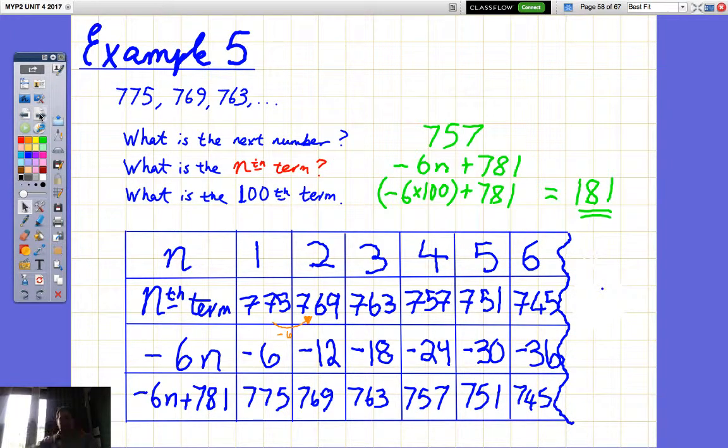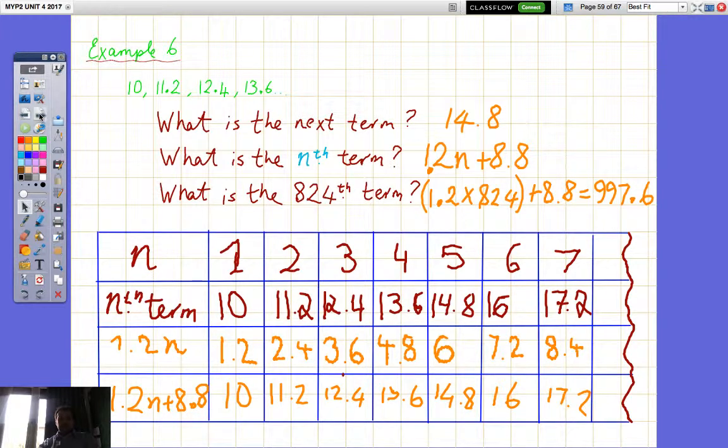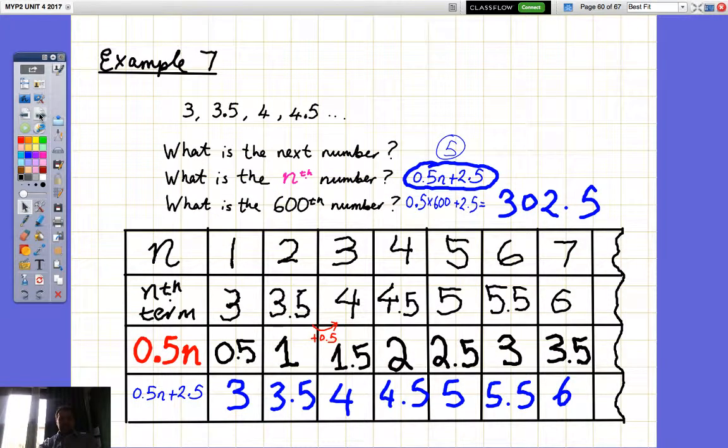Just cover up the screen, have a go at it first. And another one. So just have a go, cover up the screen, pause it, and see if you can do it without looking at the answers. One more there, and the video ends now.